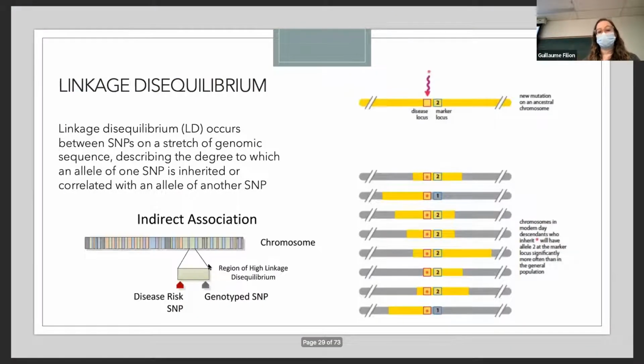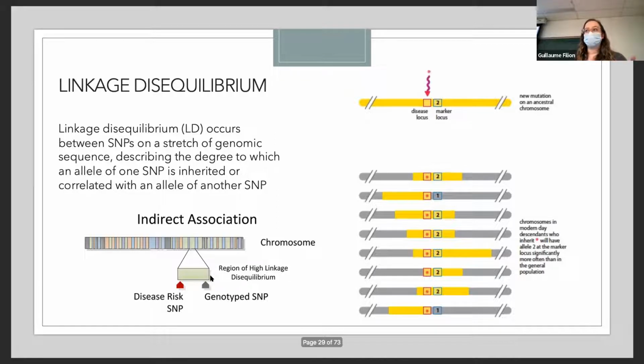And the reason that this works for GWAS is because let's say we take this segment that are all linked together and we have our genotyped SNP here. If we test our genotyped SNP, we don't know that there's a disease risk SNP here, right? That's what we're looking for. But if we have a genotyped SNP at this position and we test it in our GWAS, because they're correlated together, we will identify that this entire region has some sort of SNP that is correlated with the disease.